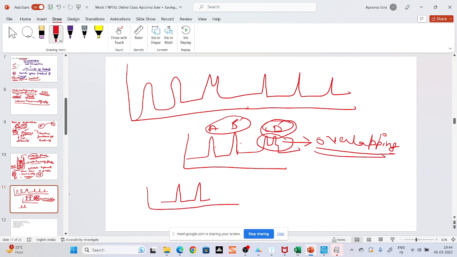If you are getting peaks like this, that means whatever products were there have separated pretty well. But if you are getting overlapping or fused peaks like this, that means your product has not separated well. Okay, this is the basic thing.